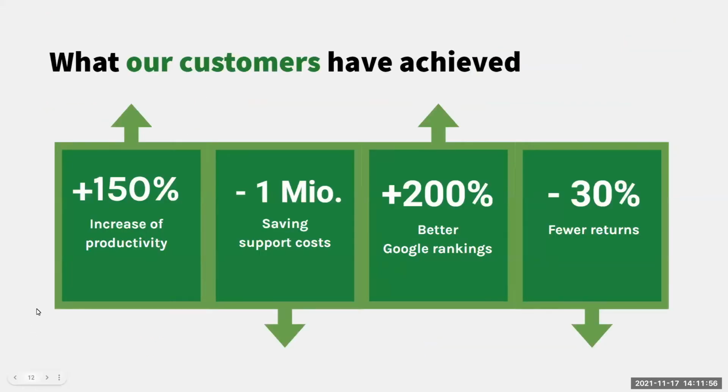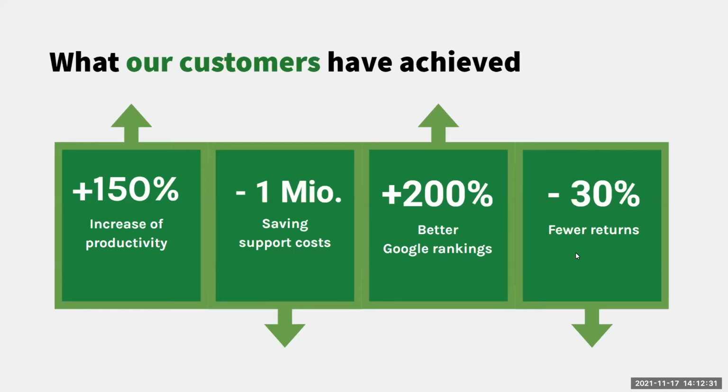Some results from our customers: they increased productivity by 150%, which means they had a much larger text output for every given copywriter. One specific customer saved up to €1 million in support costs because the descriptions for each product were more specific and the customer was much better informed about the product, and the returns plummeted.